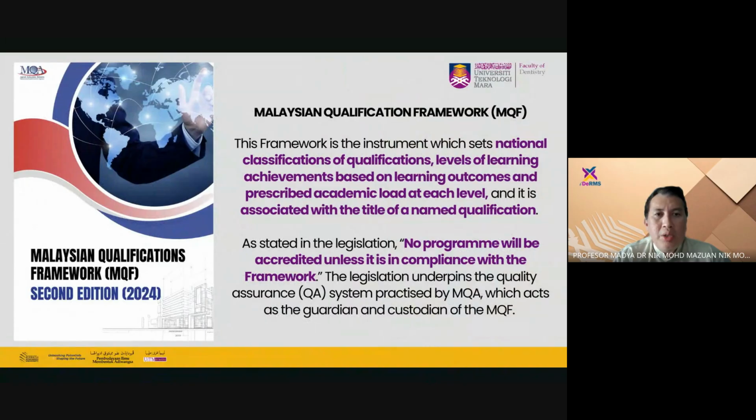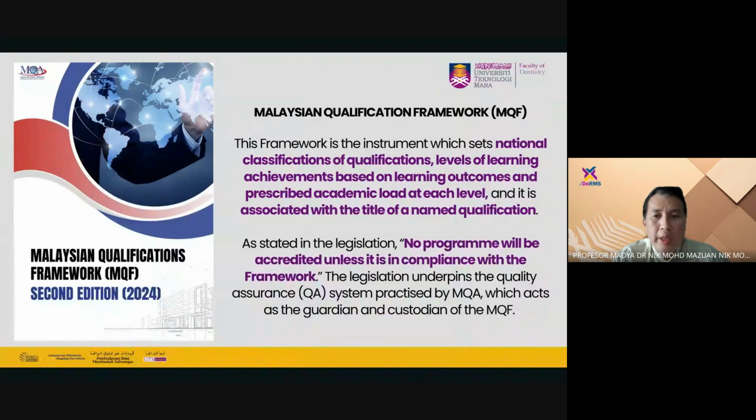All right. So I would like to introduce this to those who are new to the university. In Malaysia, we have a regulatory body which is MQA. Okay, MQA is the Malaysian Qualification Agency, which is under the Ministry of Higher Education.